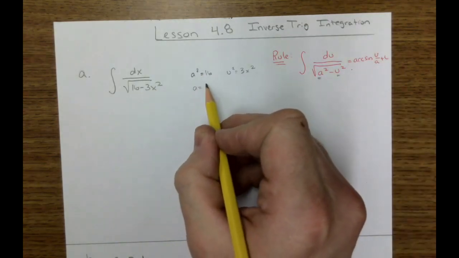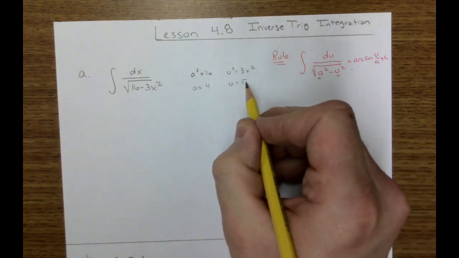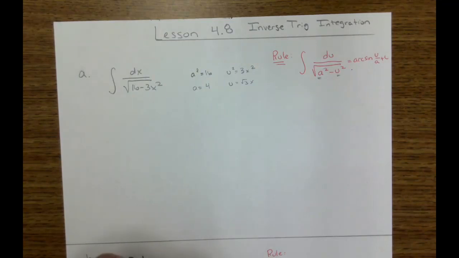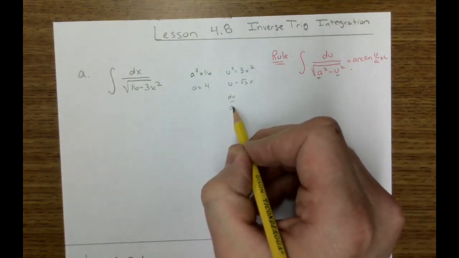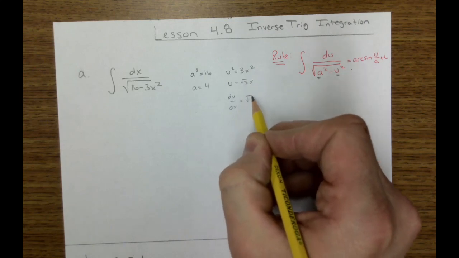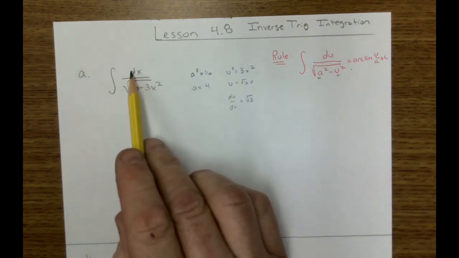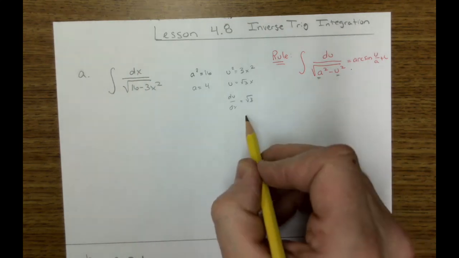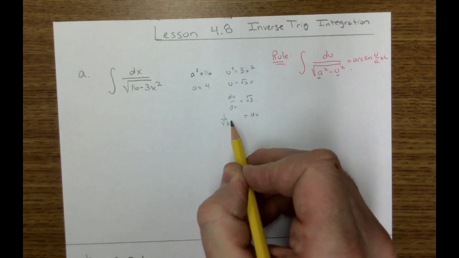So a is equal to 4, and the square root of this is u is equal to root 3x. And I know I'm always going to take this down, so let's take the derivative here. The derivative here would just be the radical. And if I look over here, I just have a dx up here. So when I move this dx over here, I'm also going to move this root over to this side.